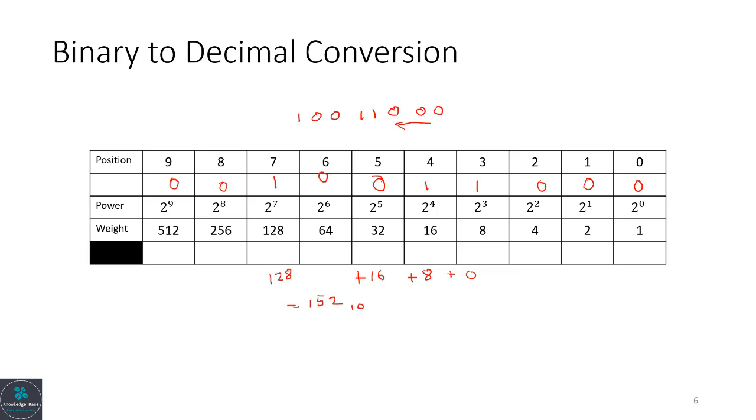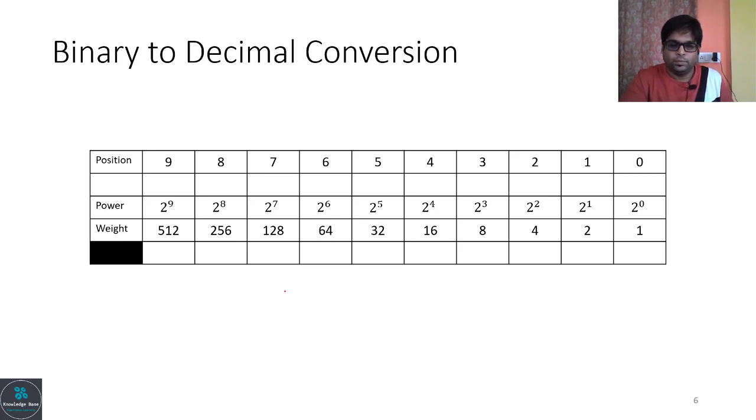Now, let's take an elaborate approach. Let's take another number. Suppose the binary number is 1010 1100. So what are we actually doing?